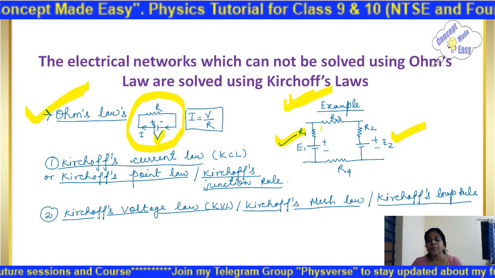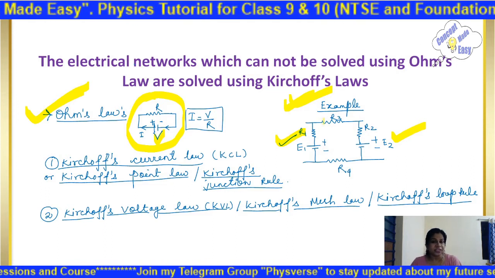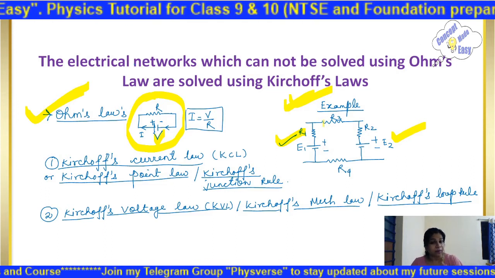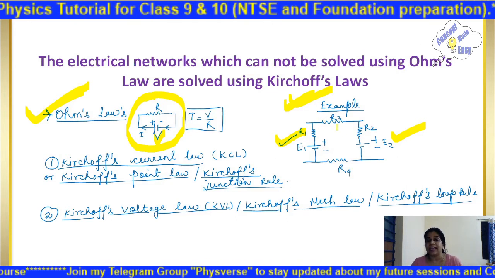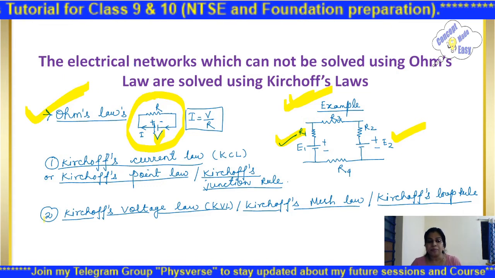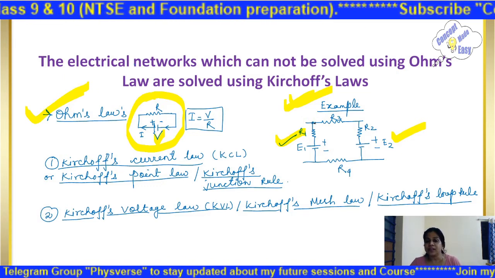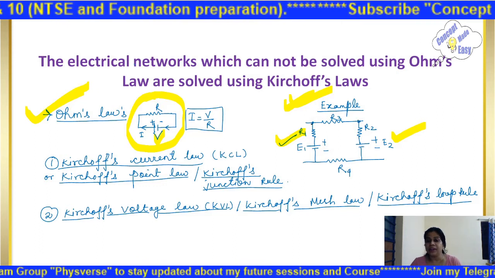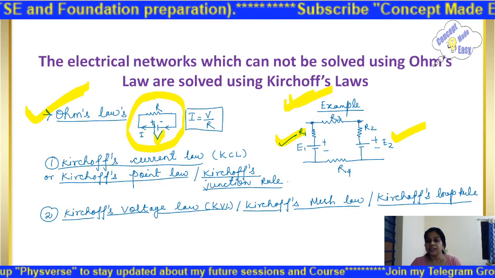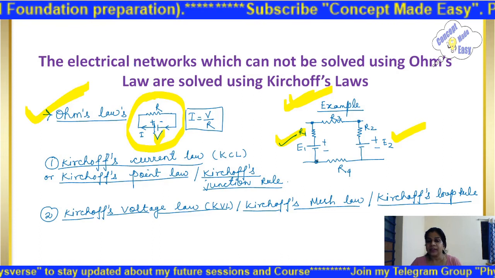Before understanding Kirchhoff's law, you need to get acquainted with a few terms. You can see this is a node. I am pointing to it, this is the node. This is also a node.